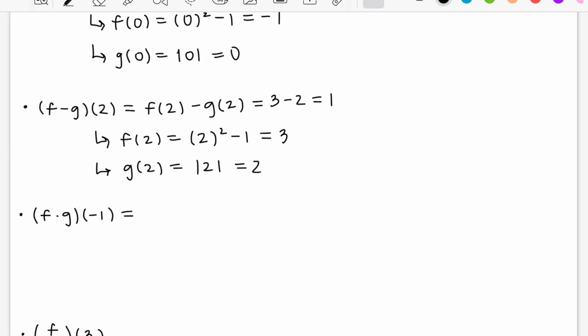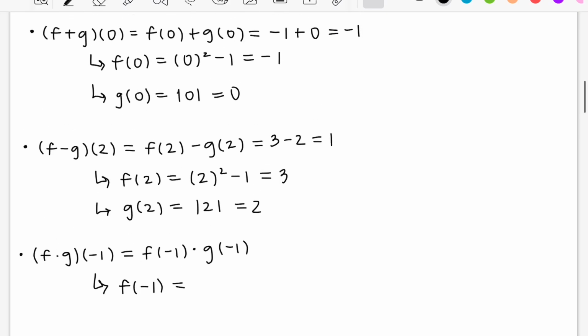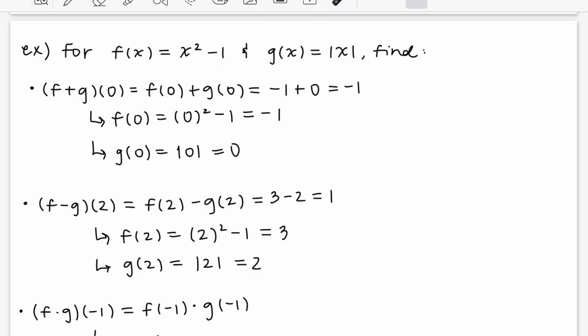Similarly, we have our same functions here, but we want to find the product of f and g evaluated at minus 1. So we'll find each one again. So f of minus 1, we're plugging minus 1 into x squared minus 1.